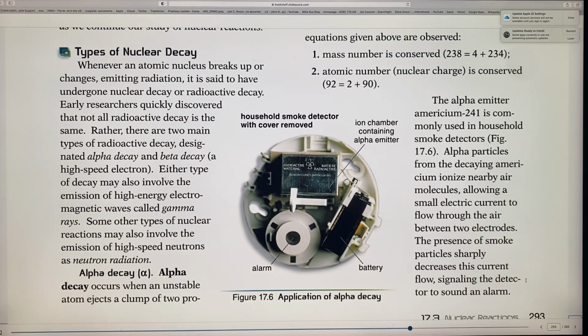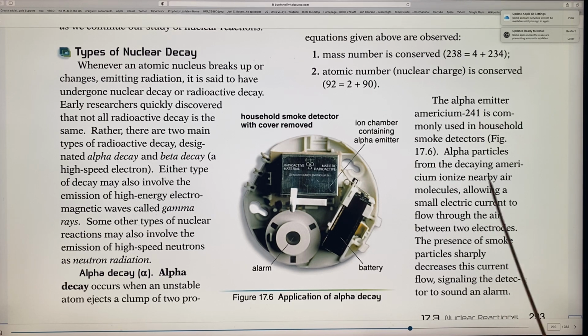This little section just says this alpha emitter is called americium 241. Americium is actually in smoke detectors, of all things. The alpha particles from the decay ionize the air, forming ions, so you have a different electrical charge in the air.